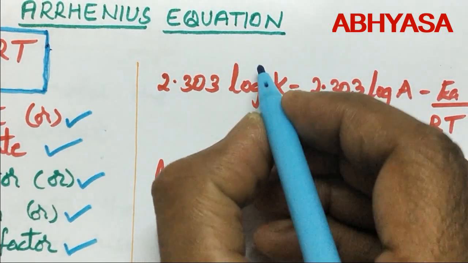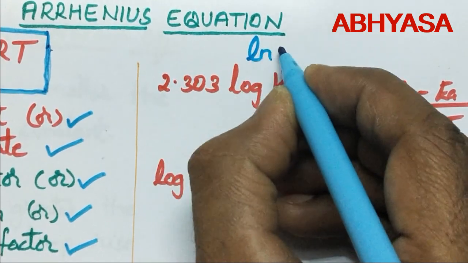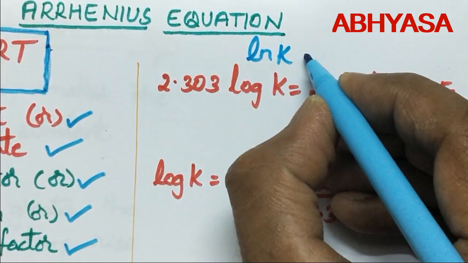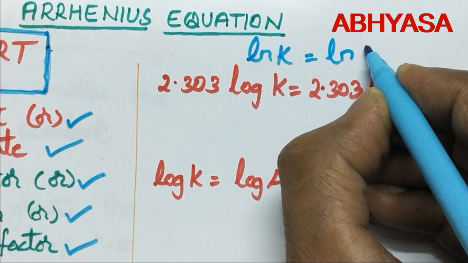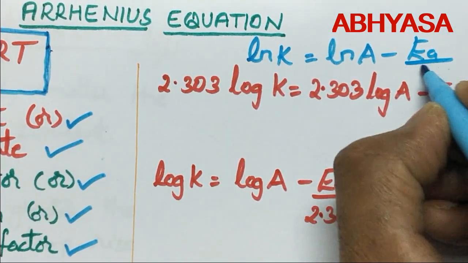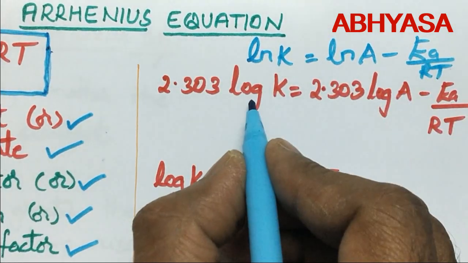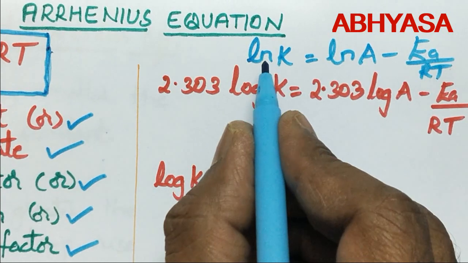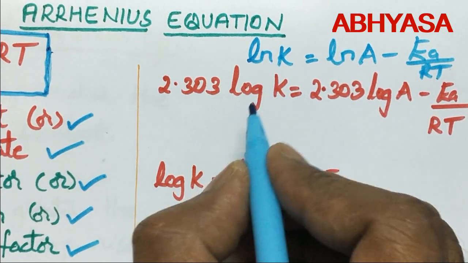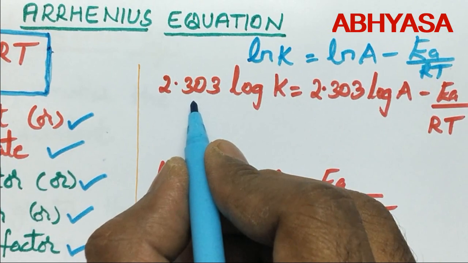Now if we convert this equation, that is we are having log k equal to log a minus Ea by RT. When you convert this equation into log base 10, to convert log base e into log base 10, we need to multiply with 2.303.